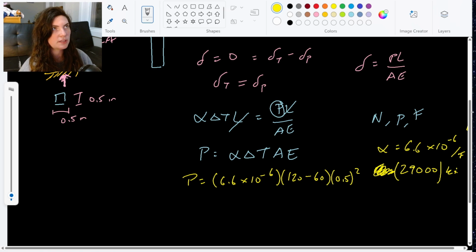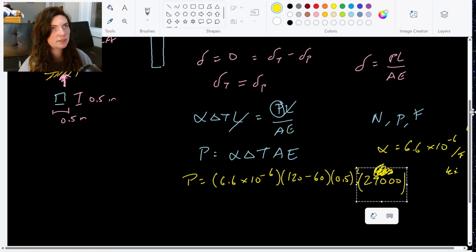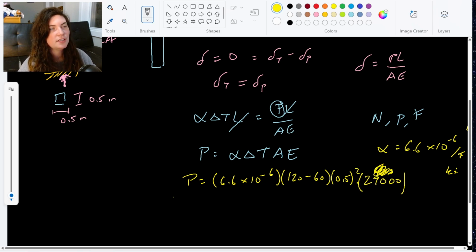Right, I can just bring this guy over. Let's do that. Oh no, my scribbles are in the way. All right, there he is now. So this is my full equation, so I can punch all that into my calculator, and it gives me 2.87 kips. So that's my loading.